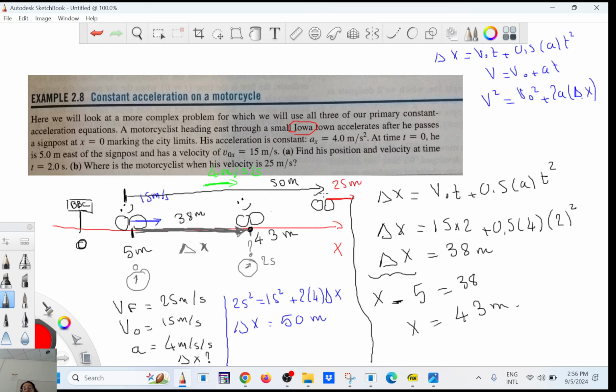So displacement is 50, but you were 5 meters away when you start your stopwatch. So it's going to be 55. Right? So x minus initial equals 50. So x minus 5 equals 50. So final equals 55. So this one is a little bit tricky. Not that much, a little bit.